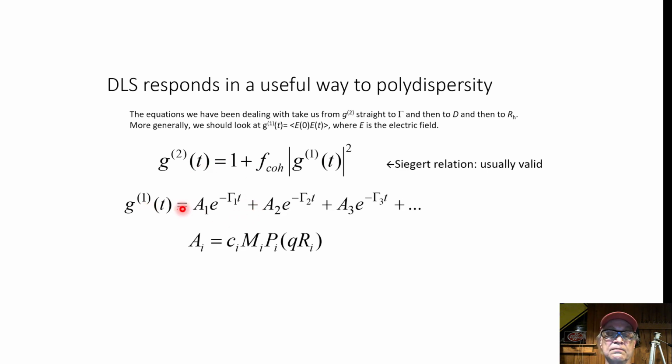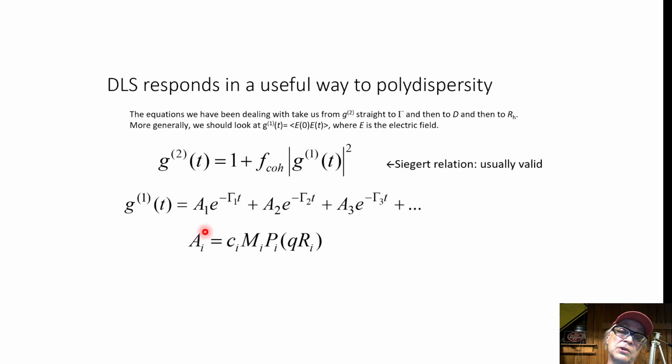Once you have it, that G1 is the sum of what's going on for all the things in the system. So here's one diffuser diffusing with decay rate gamma 1, another diffuser with decay rate gamma 2, another diffuser with decay rate gamma 3, and so forth.